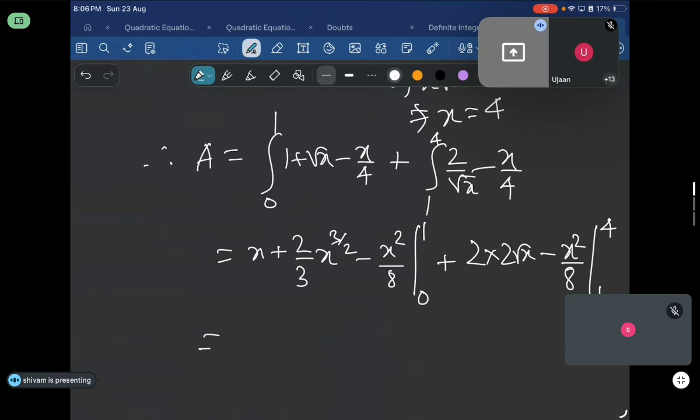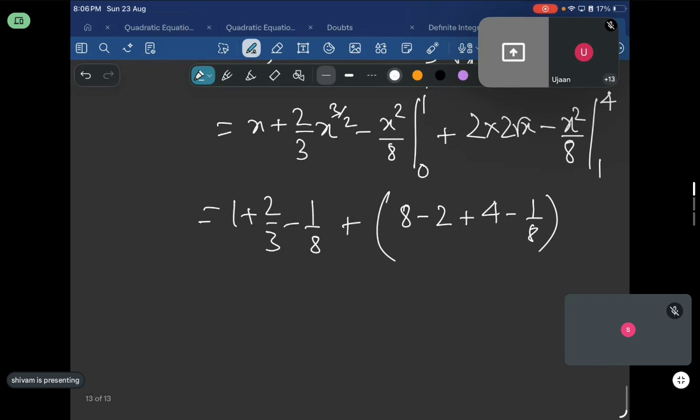Tell me. Let us substitute. When you substitute 1, what are we getting? 1 plus 2 by 3 minus 1 by 8. For 0, it will be 0. Plus, over here, when you substitute 4, 2 into 2 into 2, 8, minus 2 when you substitute 1, plus 4 minus 1 by 8.